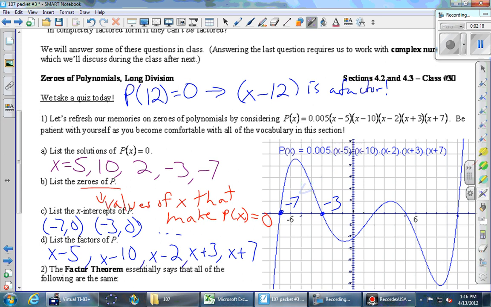And then in terms of the factors, for example, you can see x minus 10 is a factor. What value of x does that go hand in hand with? Out of these purple numbers right here, which one corresponded to the x minus 10? It was the positive 10. Which one corresponds to x plus 3? It was the -3.